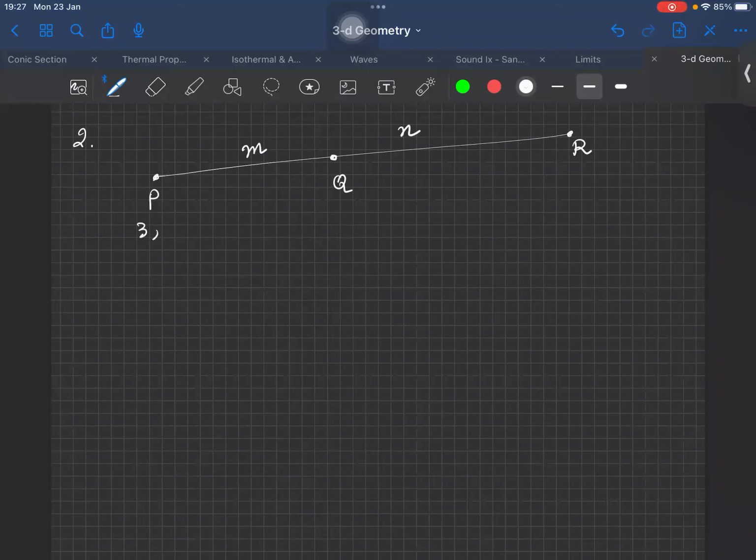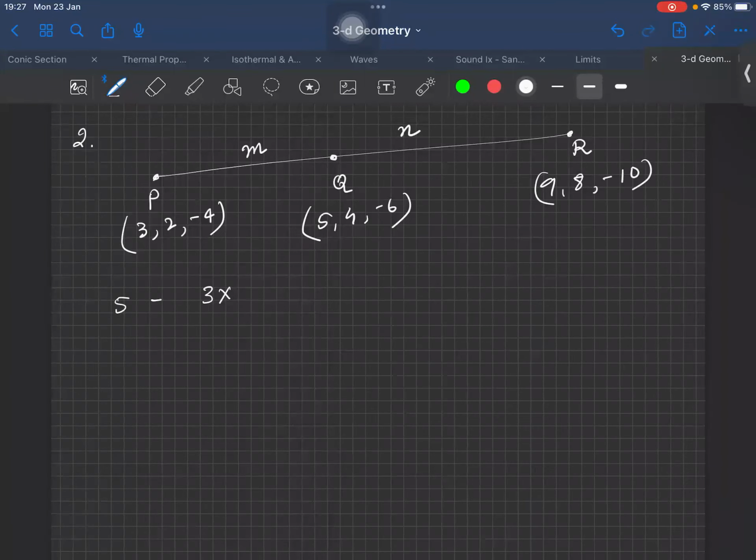Point P is 3, 2, -4. Point Q is 5, 4, -6, and point R is 9, 8, -10. We'll do the same: 5 will be equal to (3 into n plus 9 into m) divided by m plus n, right?